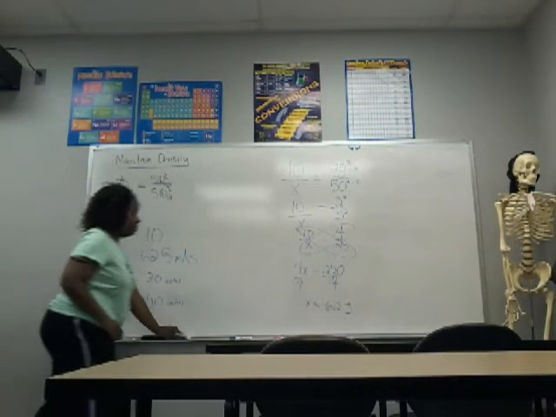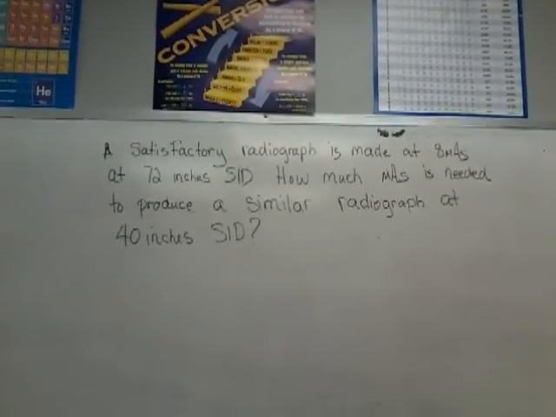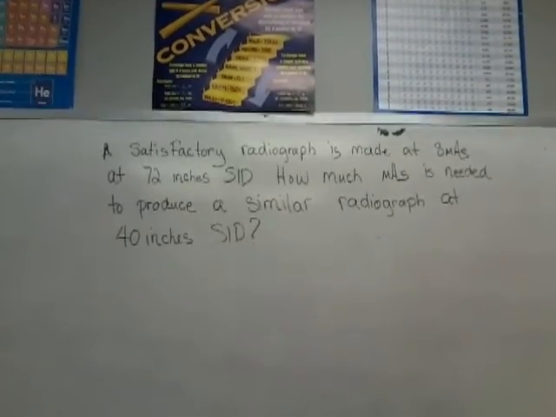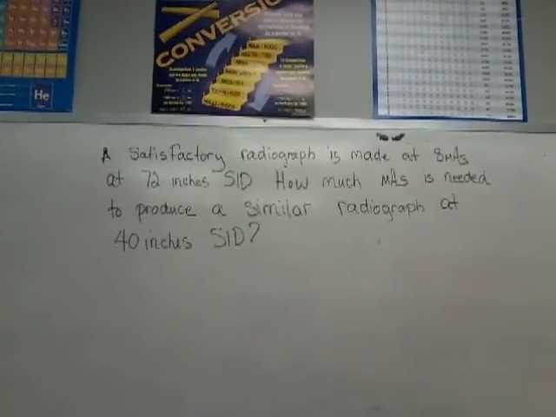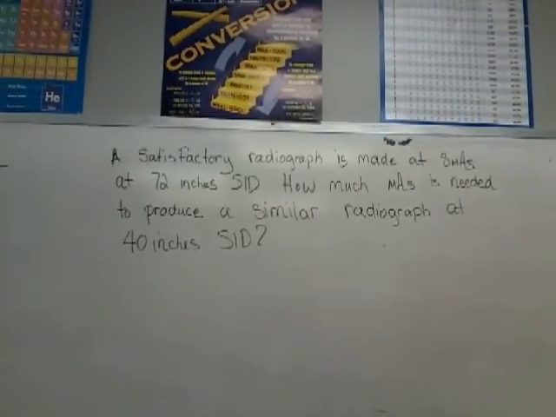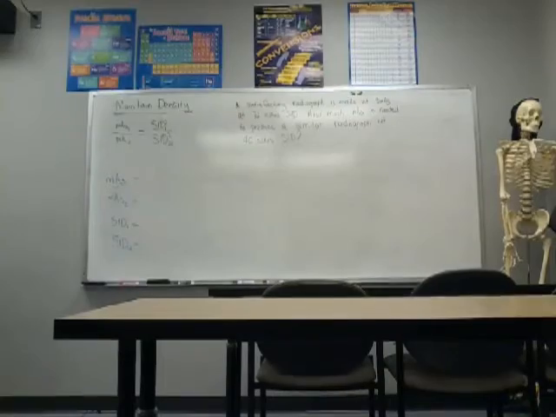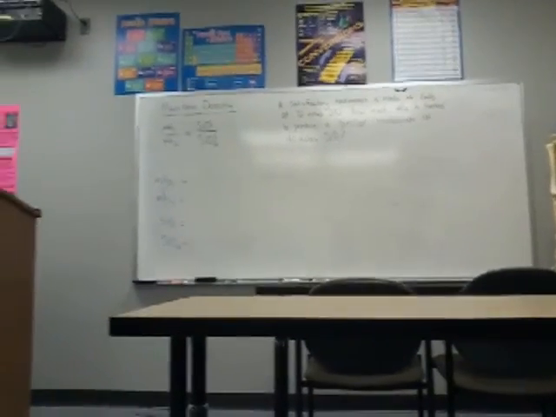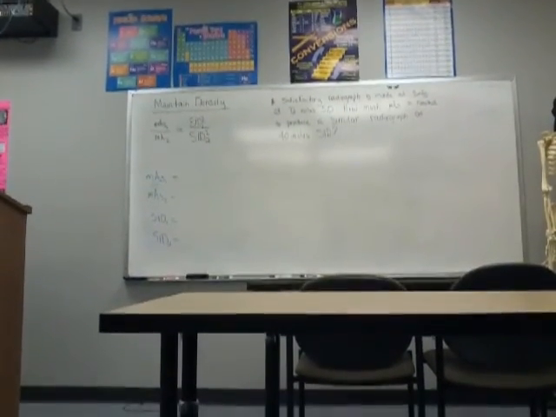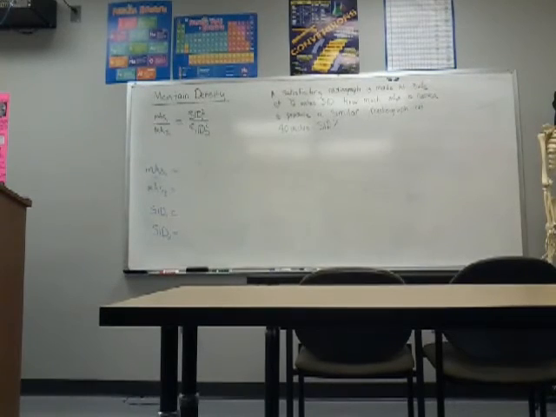Let's work out another one. So this is our problem we're going to work out. A satisfactory radiograph is made at 8 mass at a 72-inch SID. How much mass is needed to produce a similar radiograph at 40-inch SID? So we're going to start by kind of plugging in some numbers. Well, we know what the first mass is. It is 8.